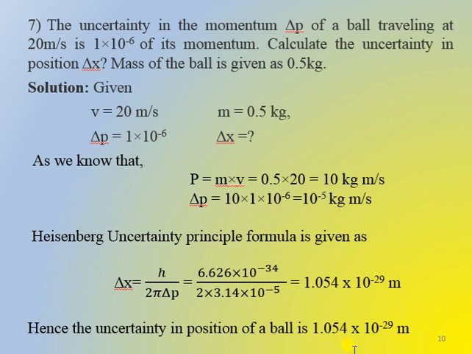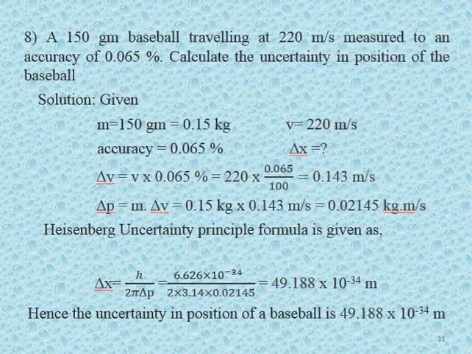And we will go to the last numerical. Number 8. A 150 gram baseball traveling at 220 meter per second is measured to an accuracy of 0.065%. Calculate the uncertainty in position of the baseball. Given that the mass of the baseball is 150 gram, equal to 0.15 kg, velocity 220 meter per second, accuracy 0.065%.